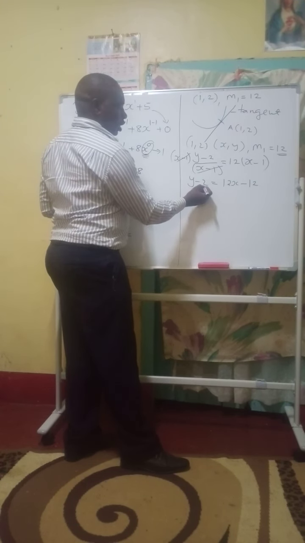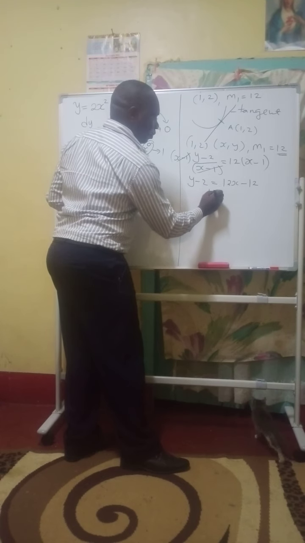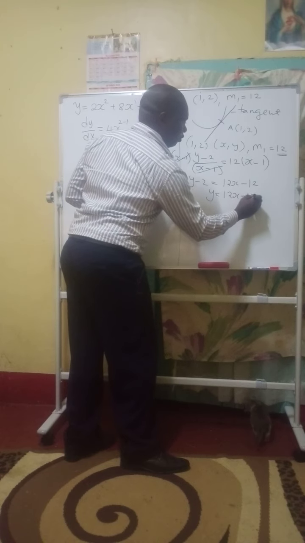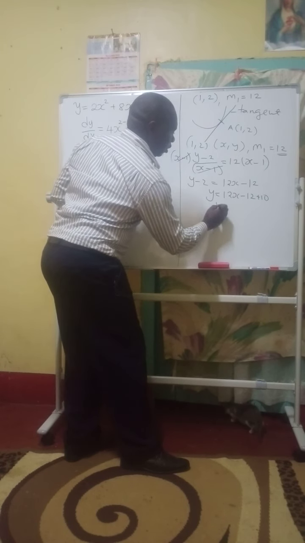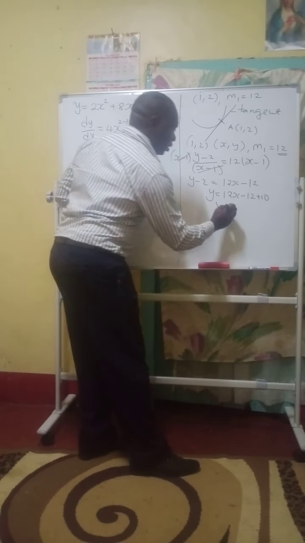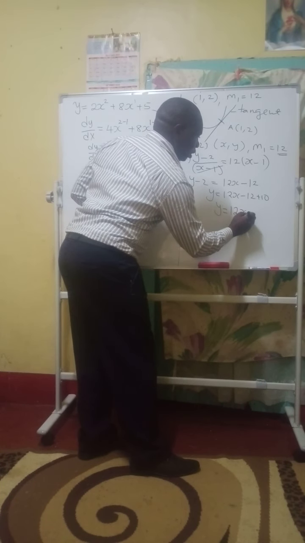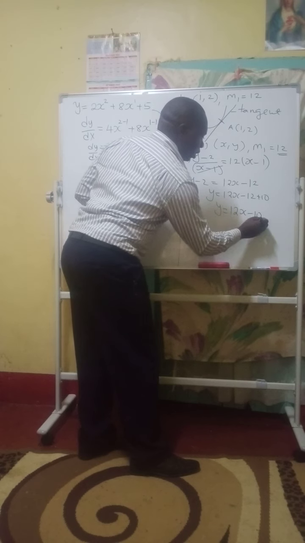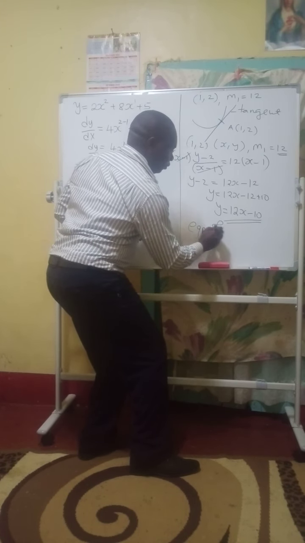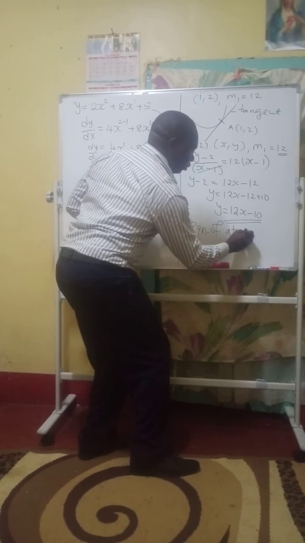Now we can take this negative to that side so that we have y is equals to 12x minus 12 plus 10. And this gives us an equation of our tangent line as y = 12x - 10.